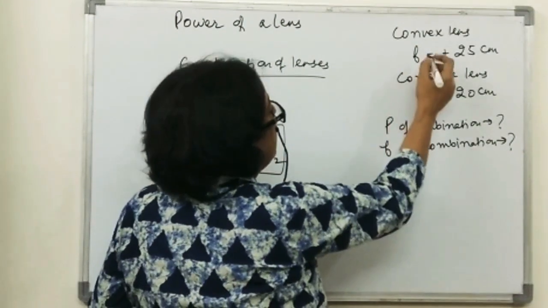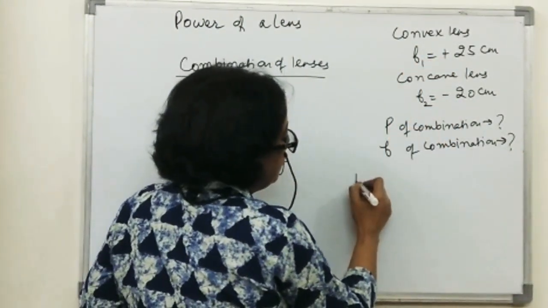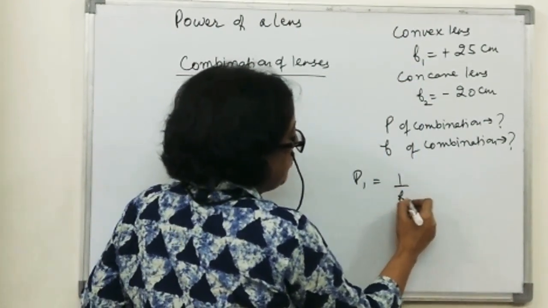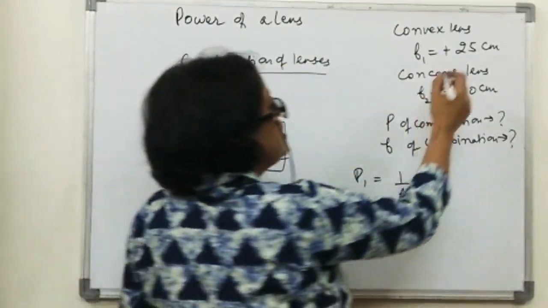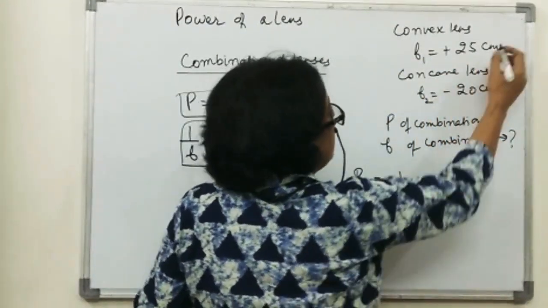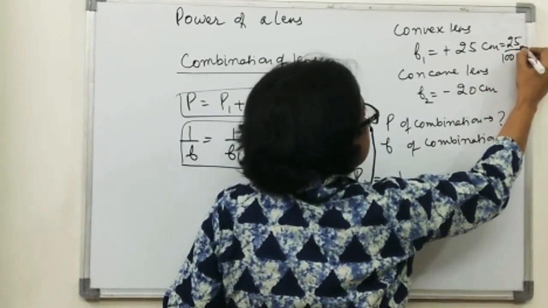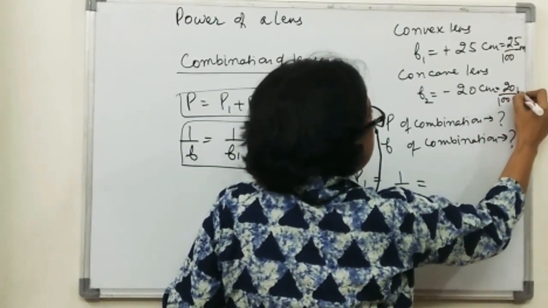The simple way will be, let us say this is f1, this is f2. Now what will be the power of the first lens? That will be 1 by f1. Now this is in centimeters. Obviously we have to convert it to meters. And how do we do it? So it will be 25 by 100 meter, and this will be 20 by 100 meter.